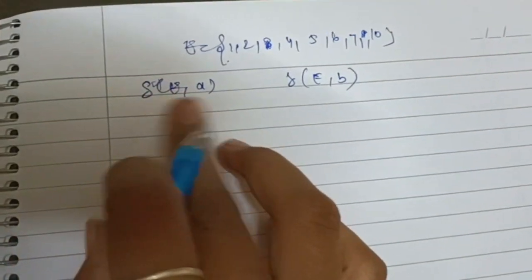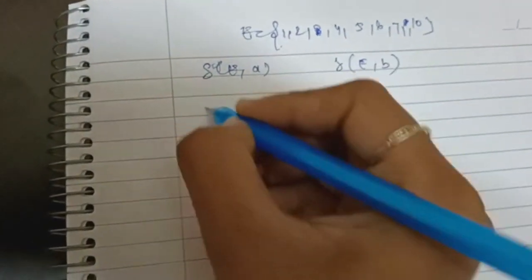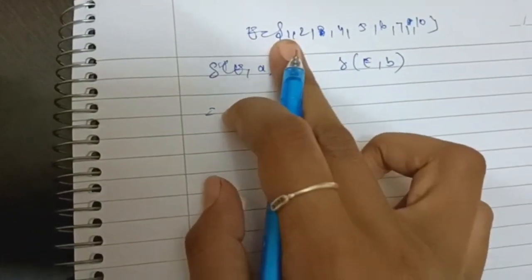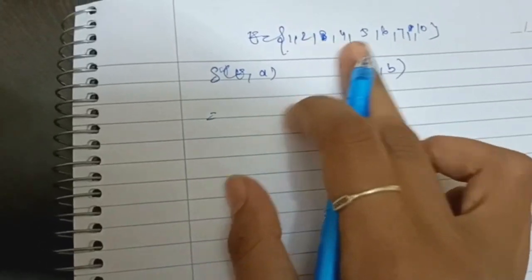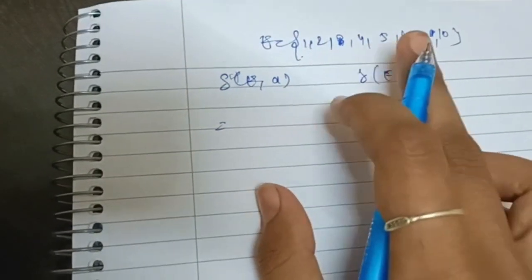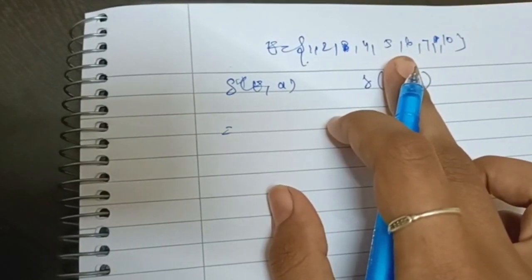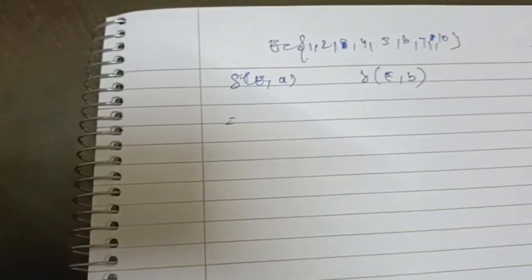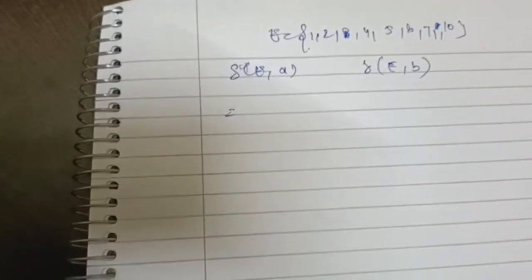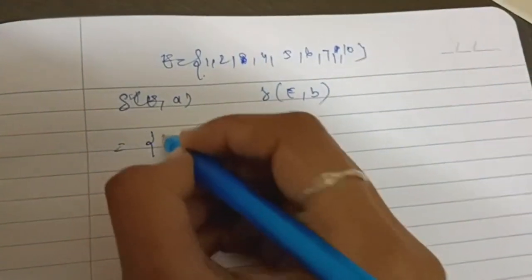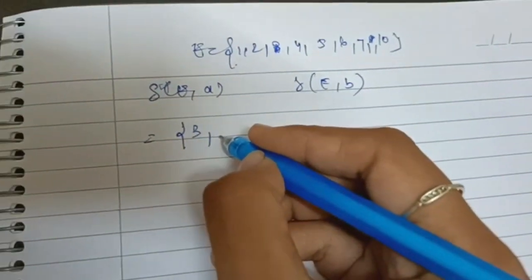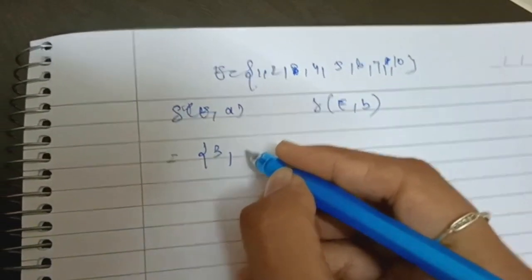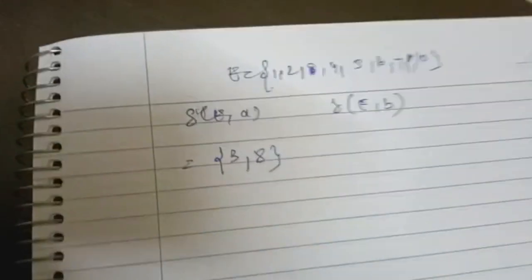Okay, so let's calculate E comma A. See, 1 comma A was nothing, 2 comma A was nothing, 4 comma A was nothing, 5 comma A was also nothing, but 2 comma A was, we already only had 3 comma 8 as A, right? So 3 comma 8.